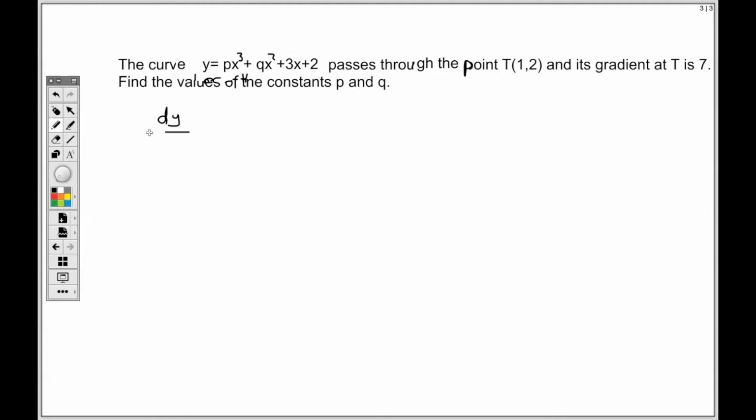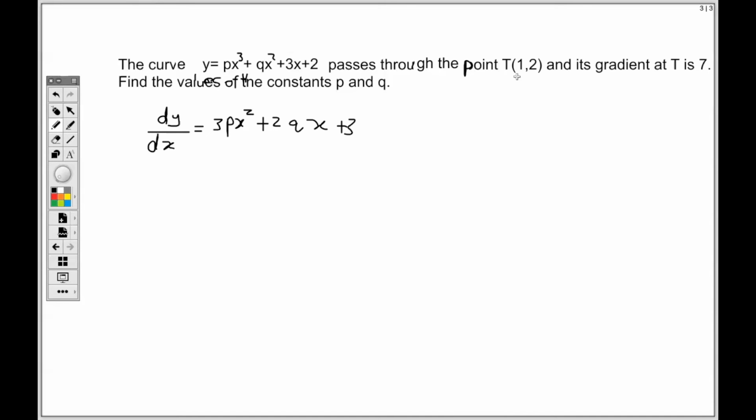So we know that differentiating this function, the curve, we will have 3px squared plus 2qx plus 3. So this is a gradient function that is stated to give us 7.